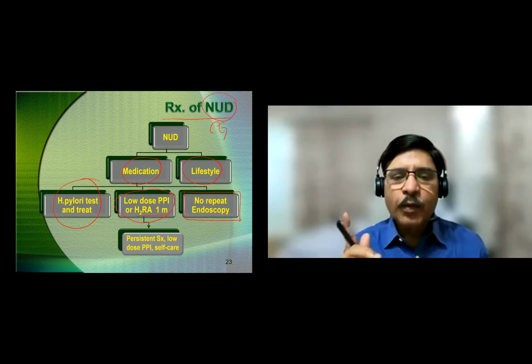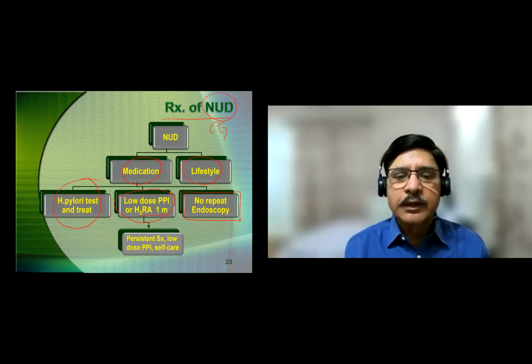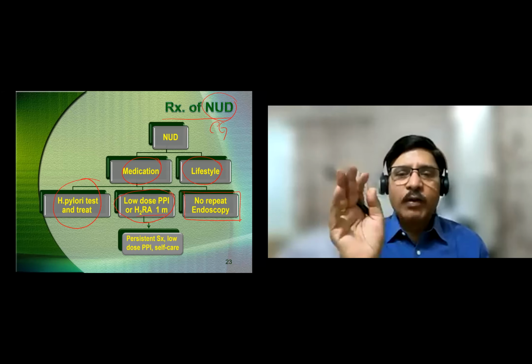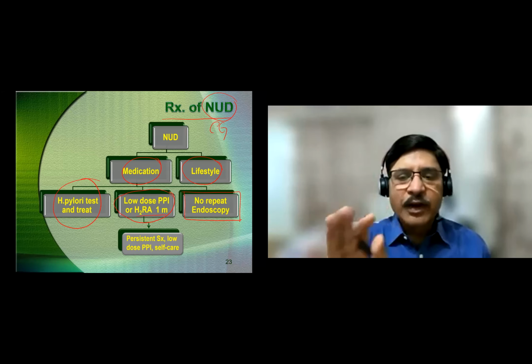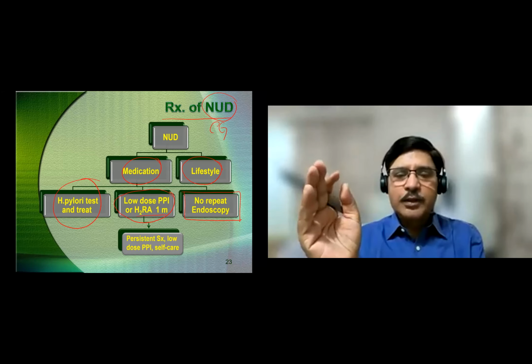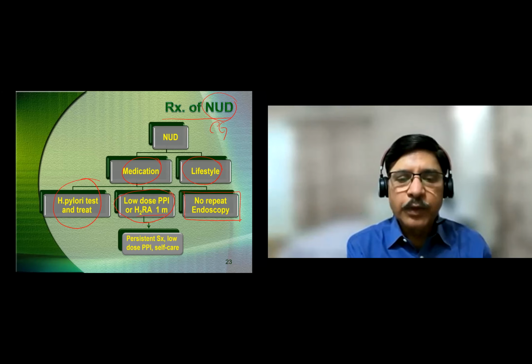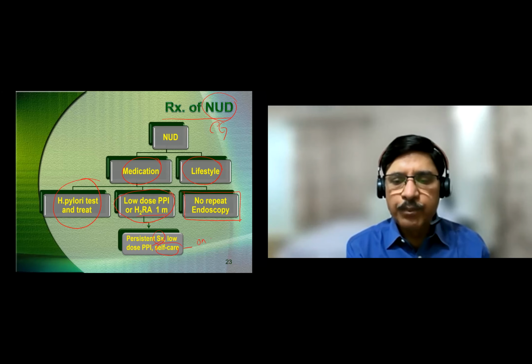Endoscopy is only once in life. The patient will ask, sir, please do endoscopy and see again. Not required, not at all indicated. For non-ulcer dyspepsia, no repeat endoscopy. When you give PPI and the symptoms are persisting, then you continue low dose PPI for some time and give self-care, what is called PPI on demand.